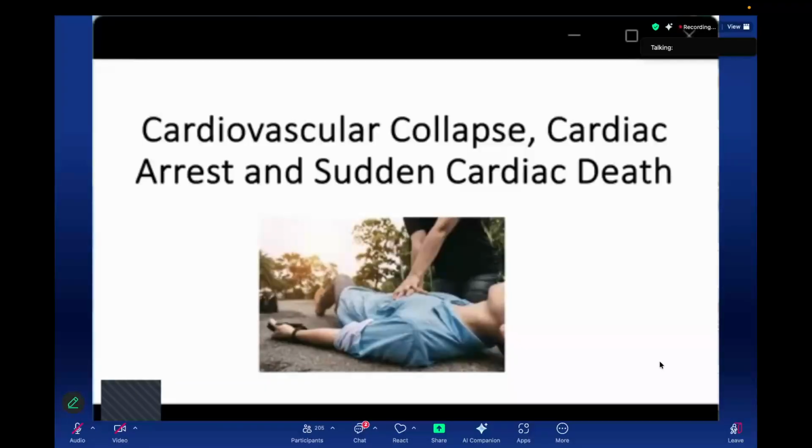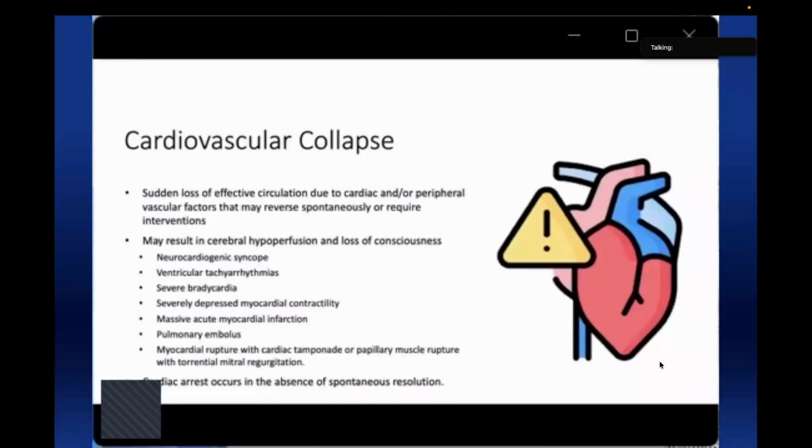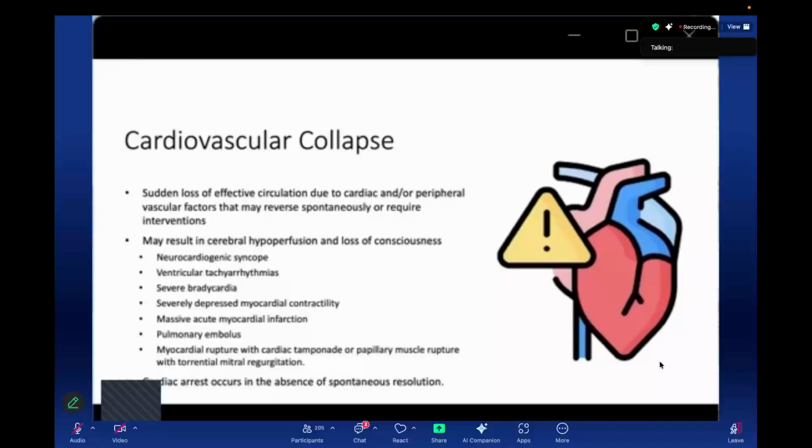So let's go to your cardiovascular collapse, arrest, and sudden cardiac death. When you say cardiac collapse, this is a sudden loss of effective circulation due to cardiac and or peripheral vascular factors that may reverse spontaneously or require interventions. May result in cerebral hypoperfusion and loss of consciousness.